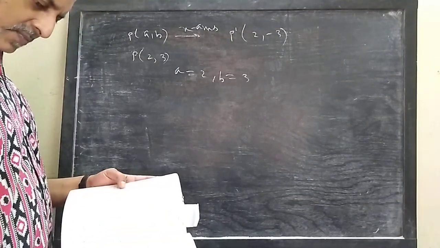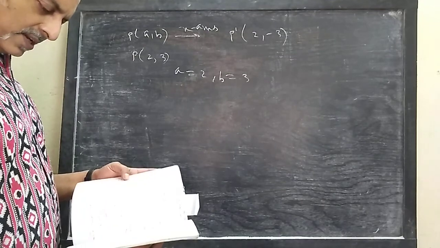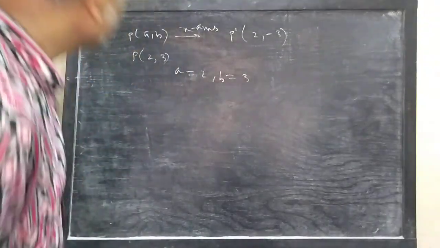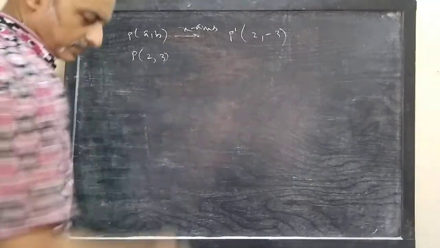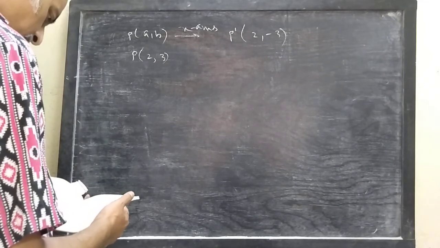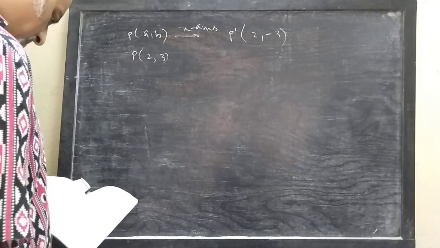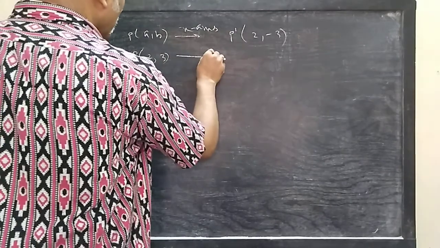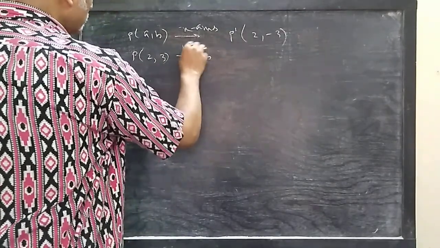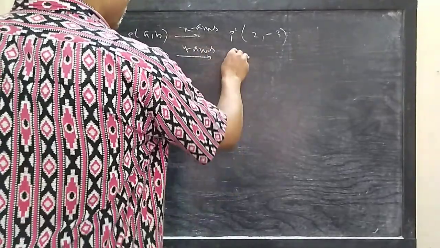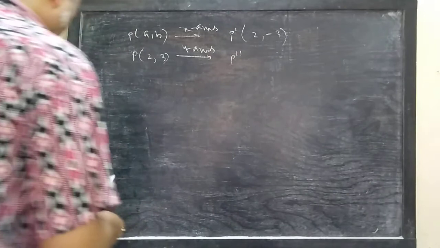Next part: P double dash is the image of P when reflected in the y-axis. P goes to P double dash after reflection in the y-axis.